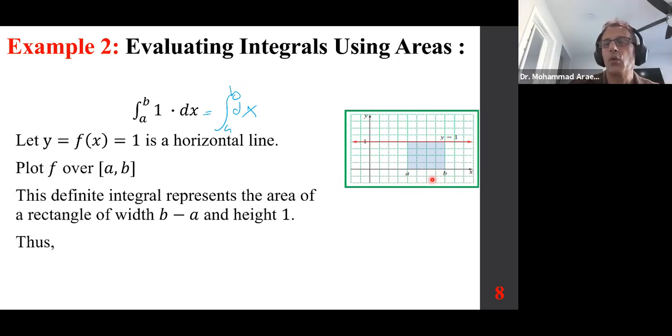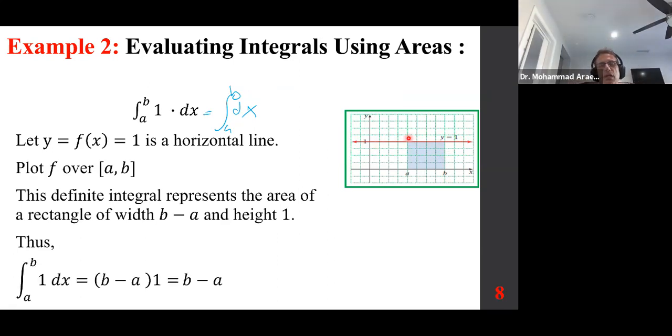So what is the width? This much, b minus a. What is the height? This much, simply 1, and it's fixed at 1. So b minus a times 1 is the answer, and we can easily see the answer.